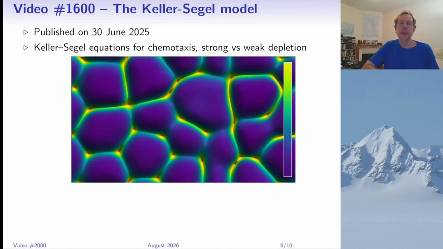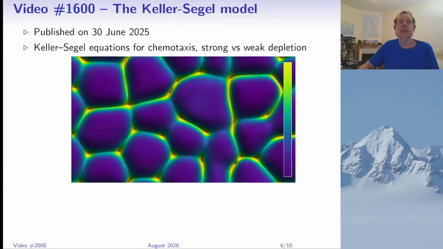So what you have is you have two populations. One is the nutrient, the other is your organism feeding on the nutrient. So the nutrient reproduces itself, and the organism has a tendency to move against the gradient of the nutrient, meaning that it will actually go to regions where the concentration is higher. And this leads to interesting spatial structures.